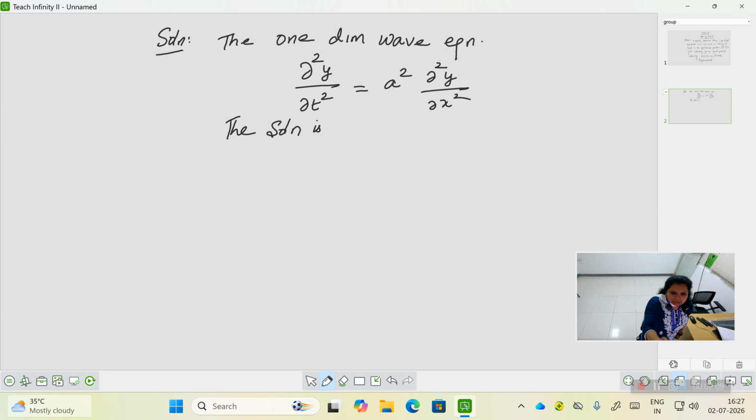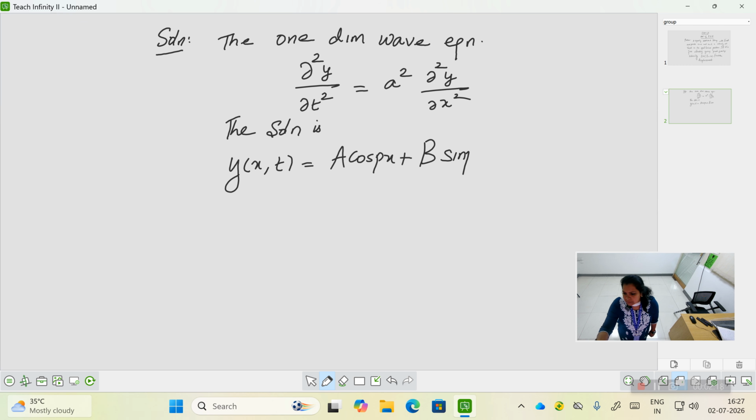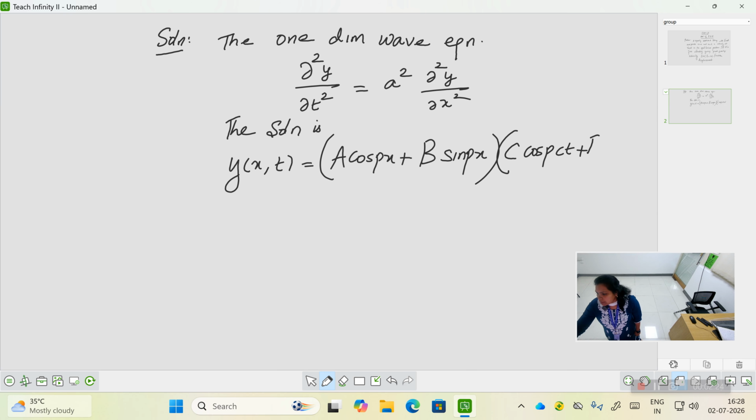The solution is y of x comma t is a cos px plus b sin px, into c cos pct plus d sin pct. Take it as equation number 1.